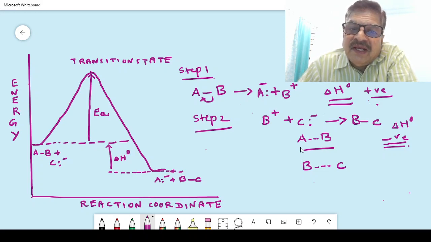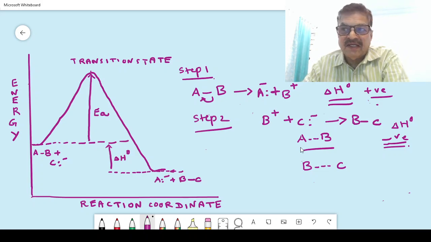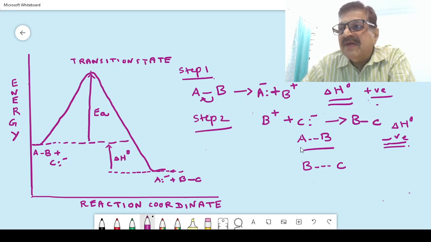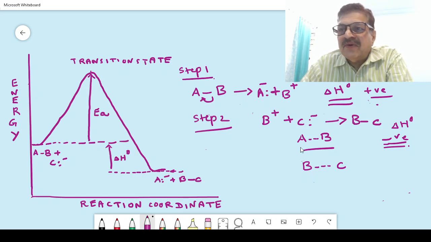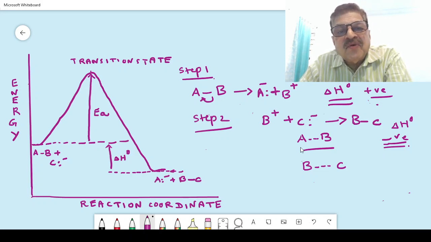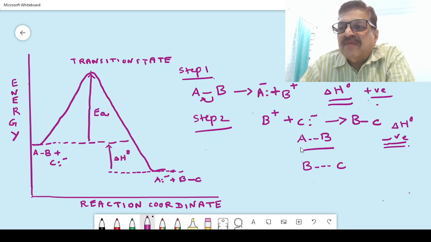Therefore the transition state in step 1 is higher in energy than the energy barrier for step 2.